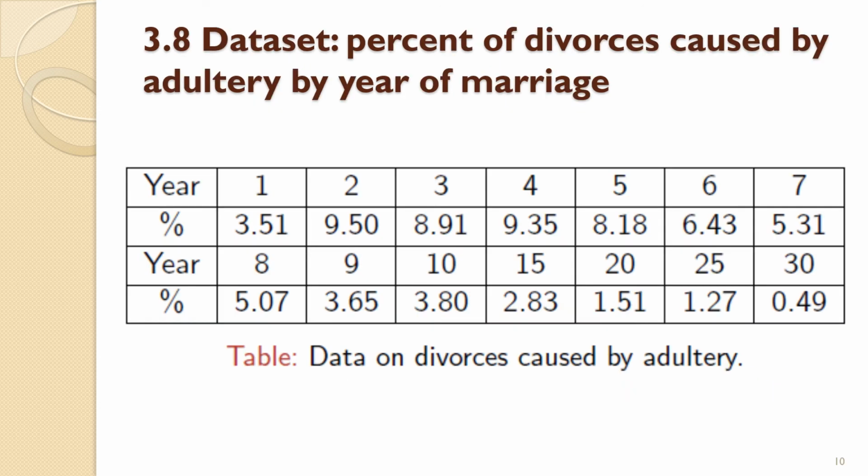So this is the original data set obtained from the newspaper. What you have here is the set of years of marriage, and for each year of marriage you've got the percentage of divorces that are caused by adultery. As you might expect, these are generally decreasing over time, and the original analysis claimed that once you'd got over the second year, that was essentially the peak of the divorce risk as far as adultery was concerned.